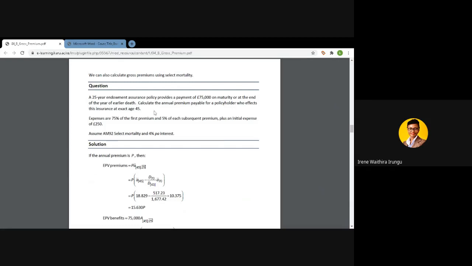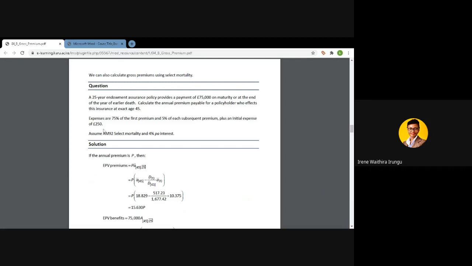When you're told that you're calculating the annual premium payable for the policyholder, and it is not mentioned that the premiums are paid continuously, then you assume that premiums are paid in advance.